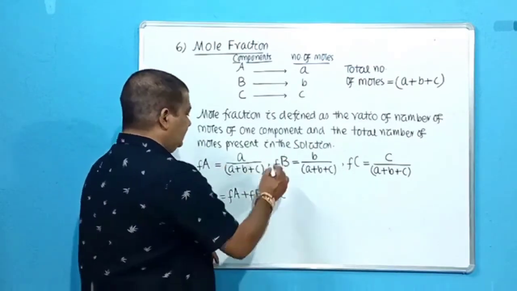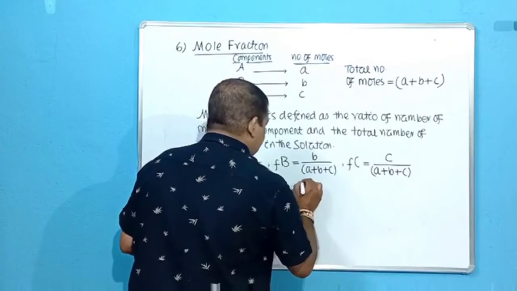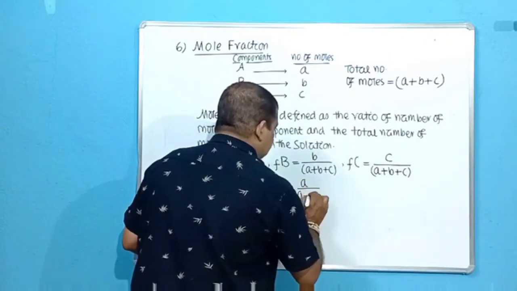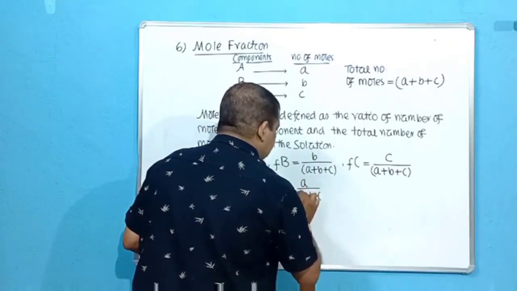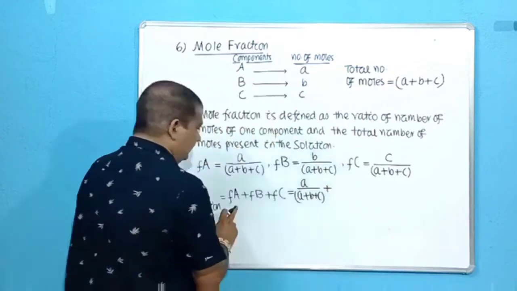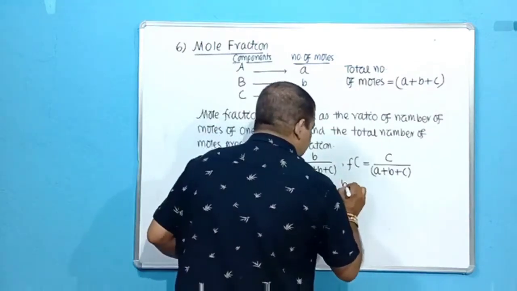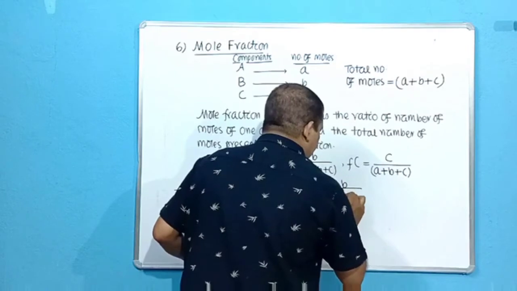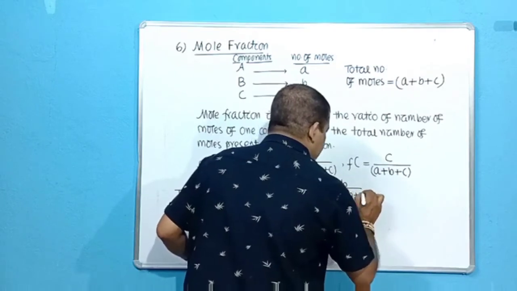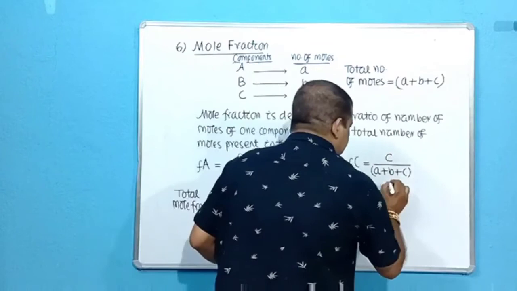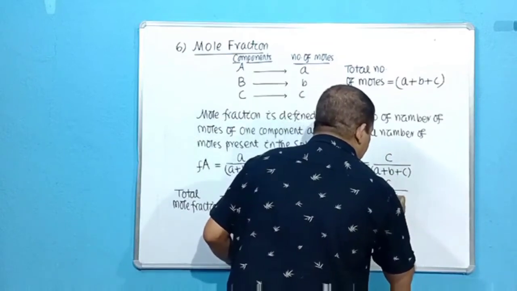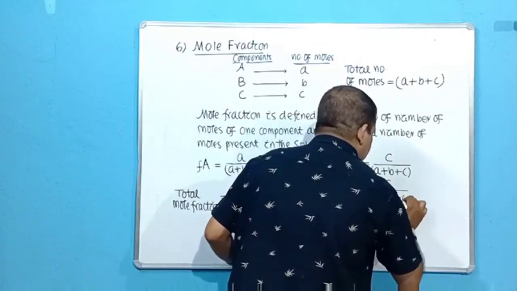Now F A plus F B plus F C. Let us put the values here. A by A plus B plus C. This is F A. F B, B by A plus B plus C. Similarly, what is F C? Now C by A plus B plus C.